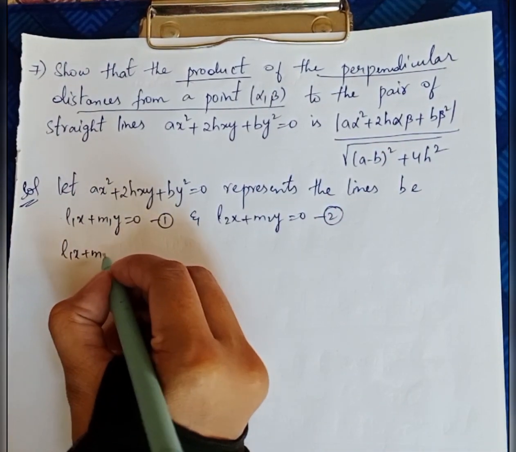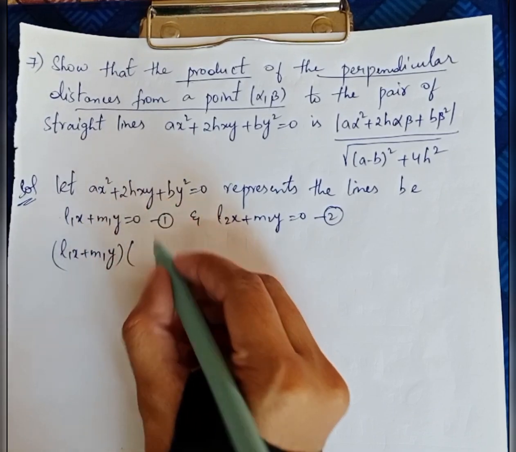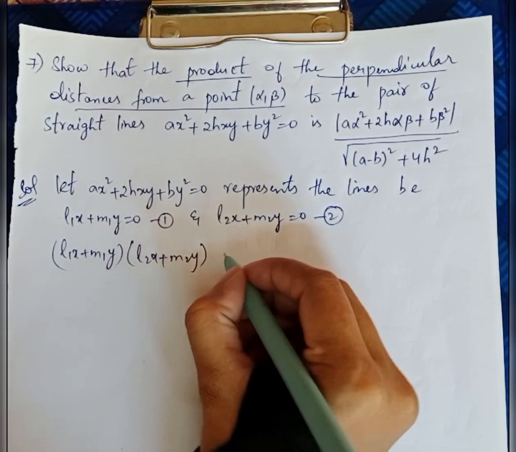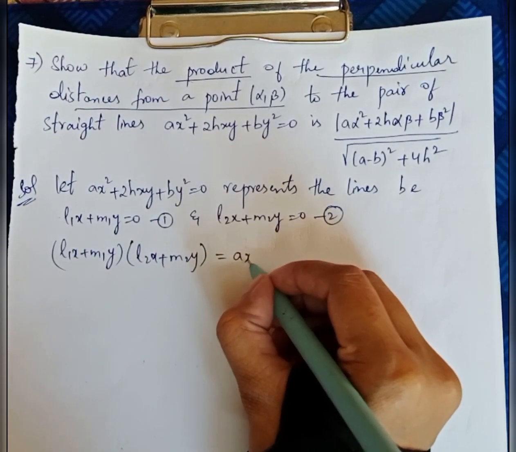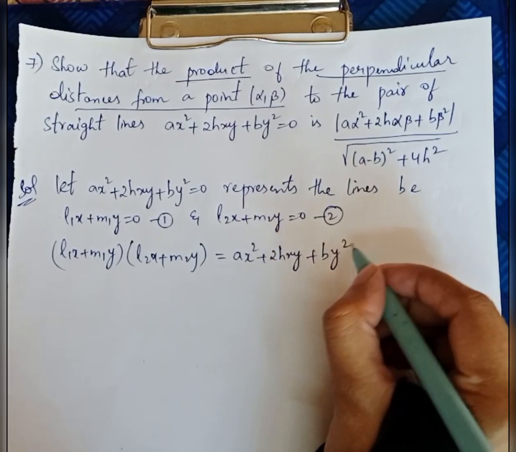Multiplying these two lines, we will get the coefficients a, 2h and b. (L1x + M1y)(L2x + M2y) equals ax² + 2hxy + by².